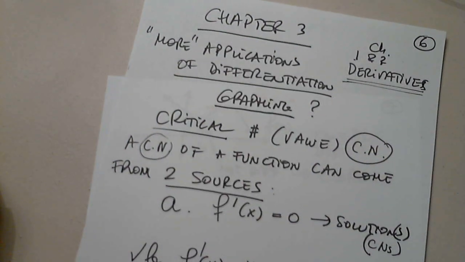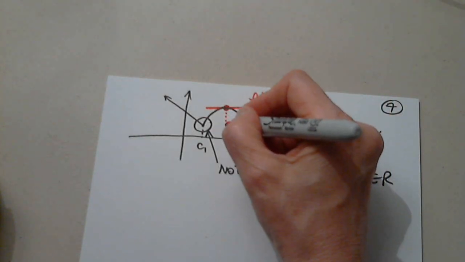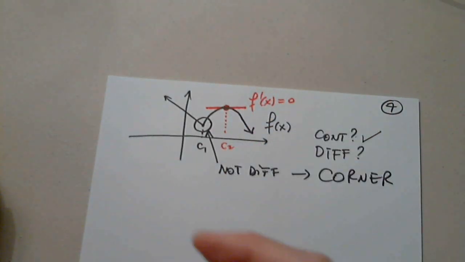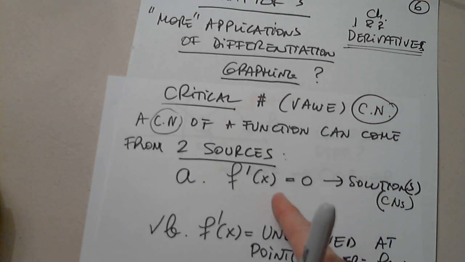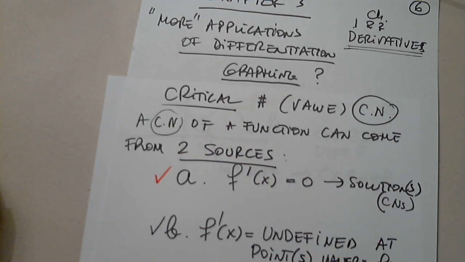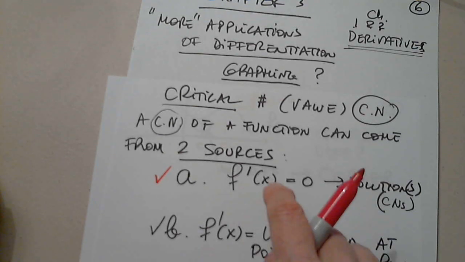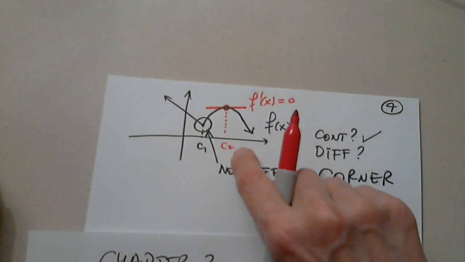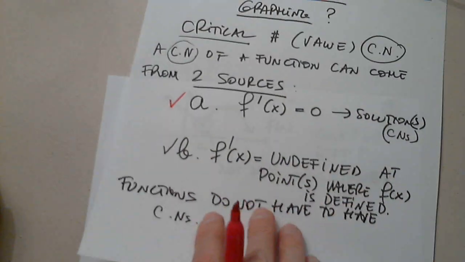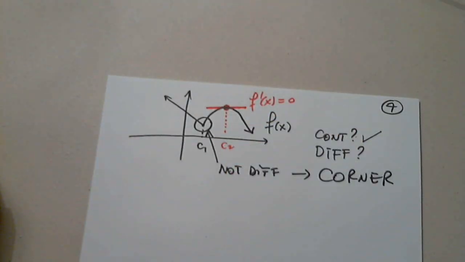This critical number, C2, is a critical number coming from this source, where f prime is 0. So from f prime is 0, we got critical number C2. And from f prime being undefined, we got critical number C1.